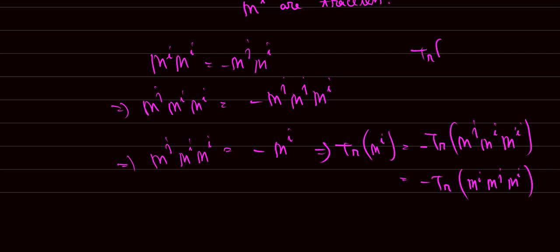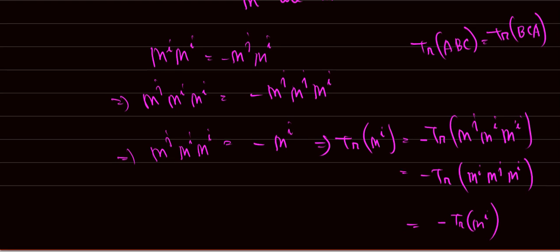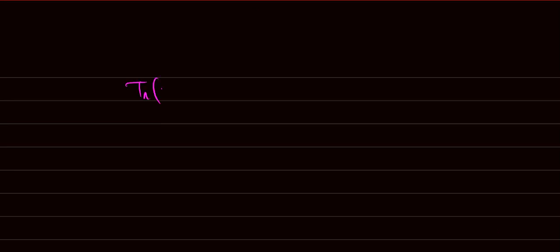We have used this notation. So this will be trace of M_i. So we find that the trace of M_i is equal to minus the trace of M_i. That is not possible, so it must be 0.